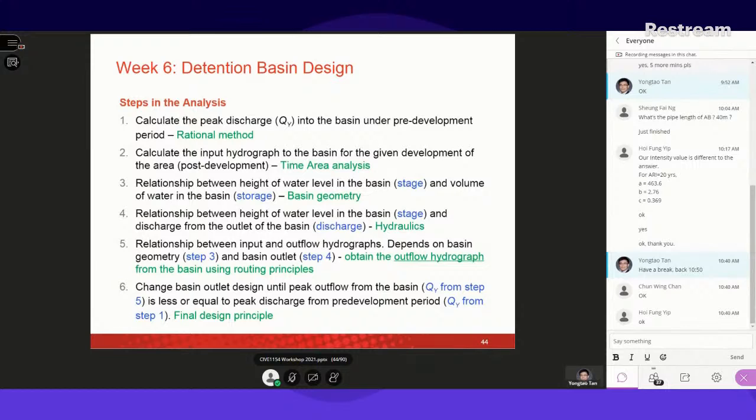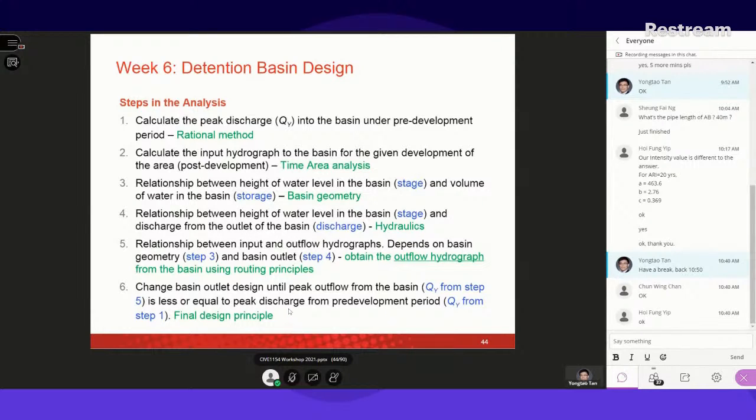The relationship between the input and outflow hydrographs depends on the basin geometry and the basin outlet, to get the outflow hydrograph from the basin using routing principles. So these steps are not only about the inflow hydrograph, but also about the outflow, meaning how we get the two hydrographs, inflow and outflow.